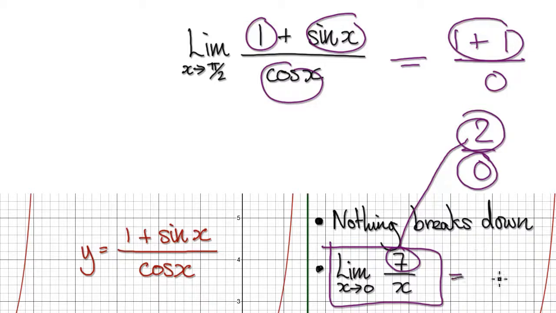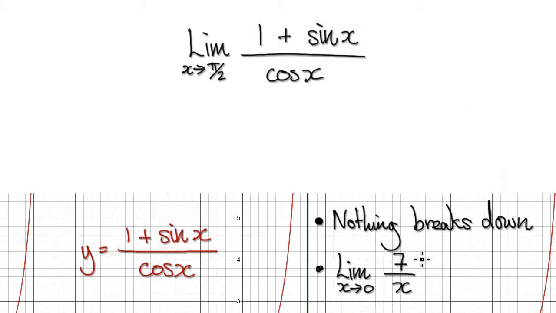So you can be 100% sure that it's going to be DNE. So basically there's a limit law that says that if something heads towards a constant and the denominator happens to head towards 0, then you can be 100% sure that the limit will be DNE, does not exist.